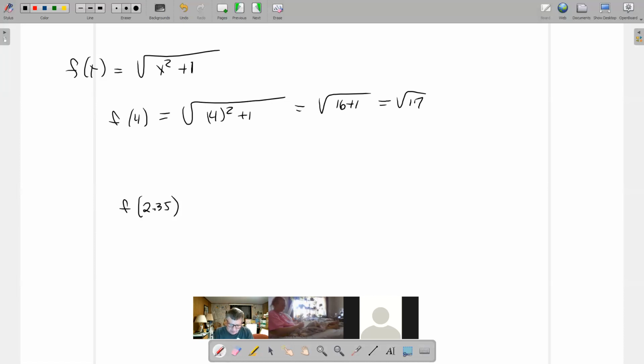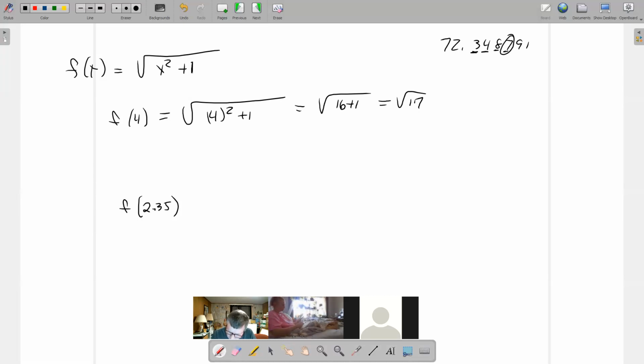So now on the calculator, second square root 17, close it up, and it says round to the nearest 10,000th. Tenths, hundredths, thousandths, 10,000ths. So 4 decimal places out would be the 10,000th place.